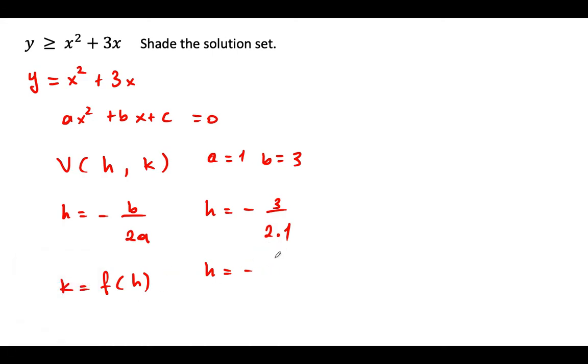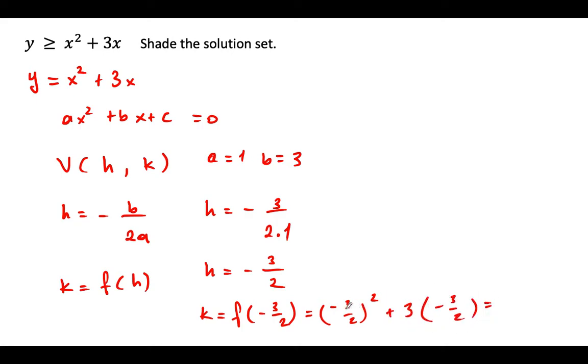And then the k, I need to find f of negative 3 over 2, which is negative 3 over 2 to the power of 2 plus 3 times negative 3 over 2. So 3 to the power of 2, 9, 2 to the power of 2, 4. So it will be 9 over 4.